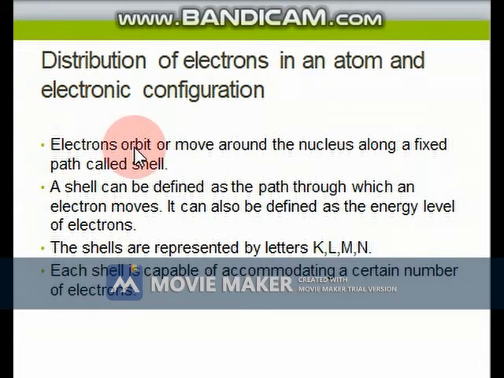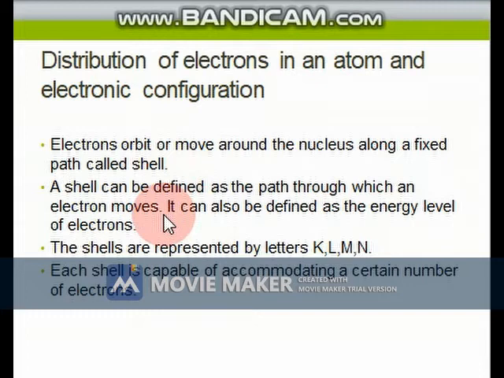From this slide, we are going to look at how electrons are distributed in an atom and what we refer to as electronic configuration. Electrons orbit or move around the nucleus along a fixed path called the shell. We've learned about that. A shell can also be defined as the path through which an electron moves.